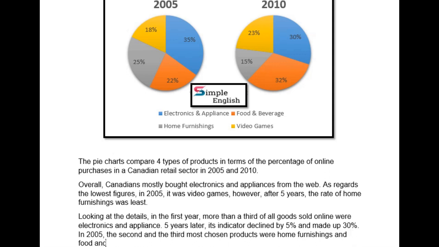So home furnishings and food and beverage, the figure for which accounts for about a quarter.